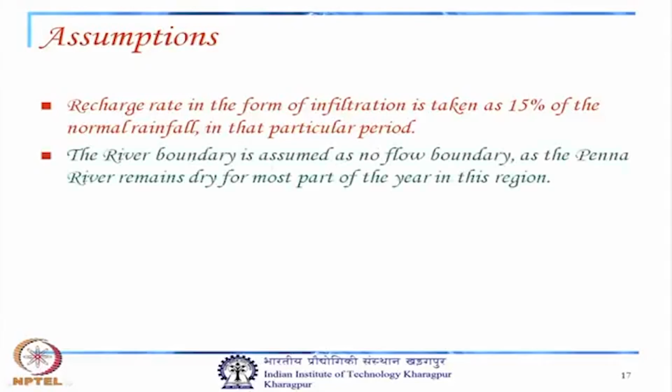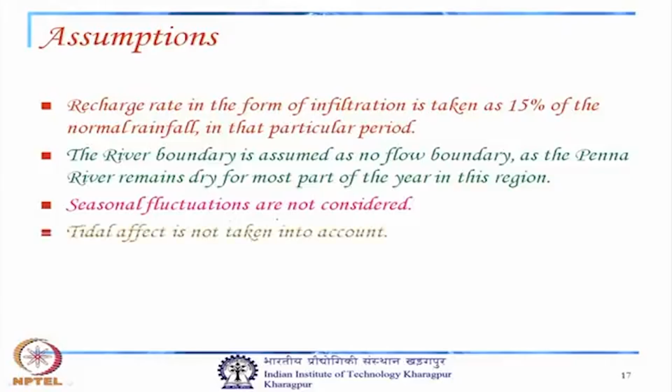The river boundary is assumed as no flow, as Penner river remains dry most part of the year in this region. Although there is some amount of discharge, we have assumed it is a no flow boundary or not contributing to the study area. Seasonal fluctuations are not considered, tidal effect is not considered.